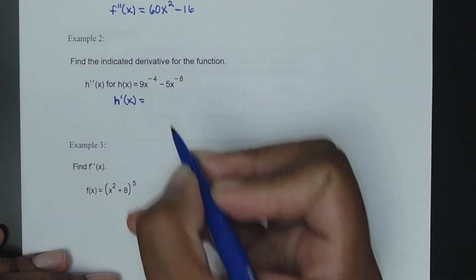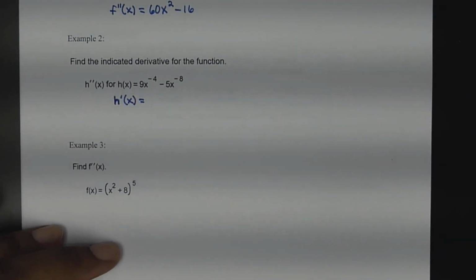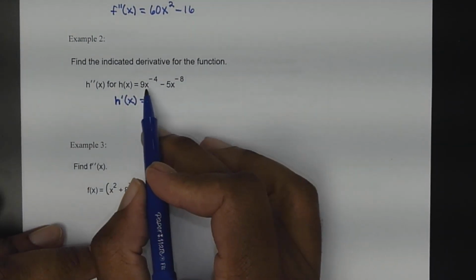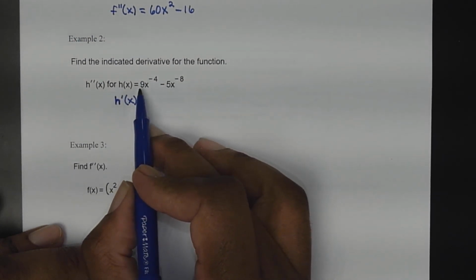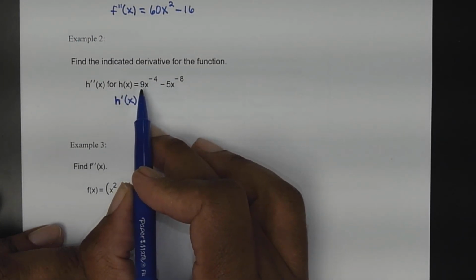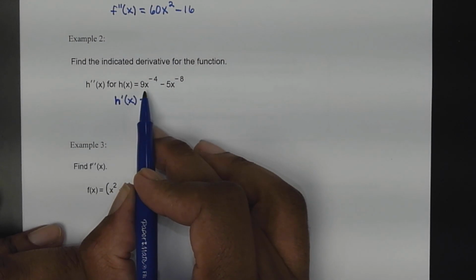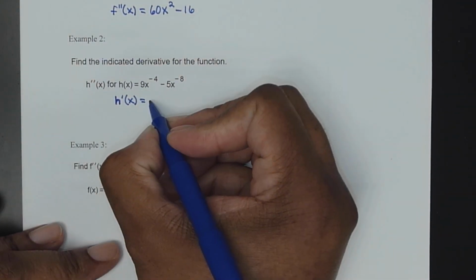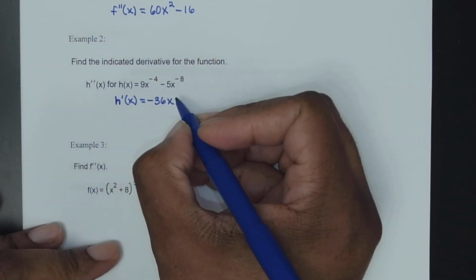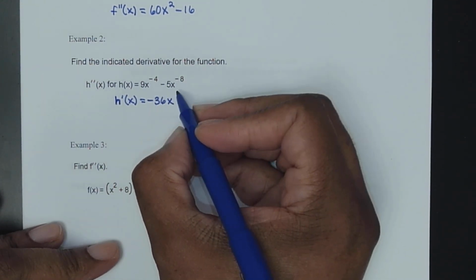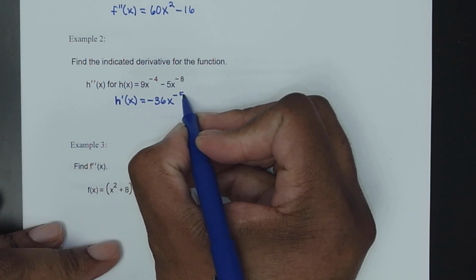That's the first derivative. All right, so here we use the power rule on each term by bringing the exponent in front and multiplying it by that coefficient. So if I do negative 4 times the 9 in front, that'd be negative 36. Copy the x over to the 1 less power, so negative 4 minus 1 would be negative 5.